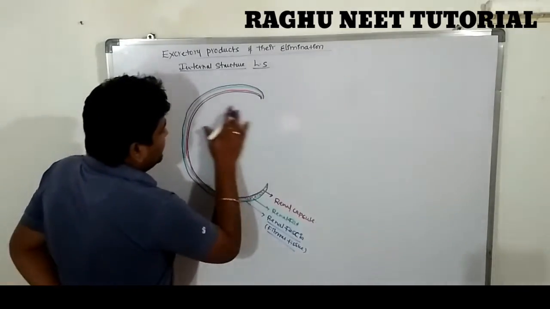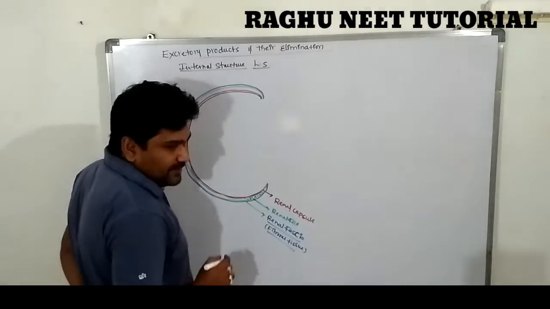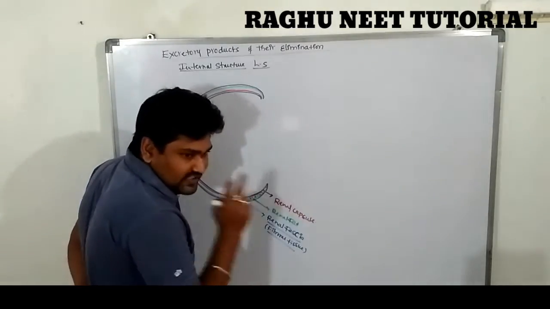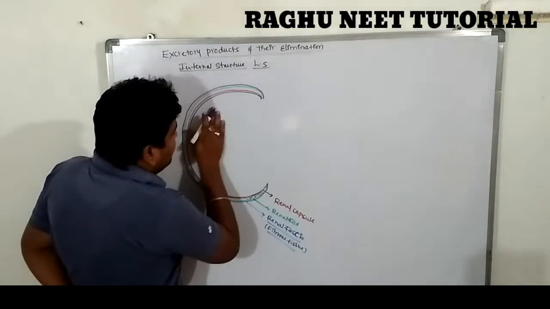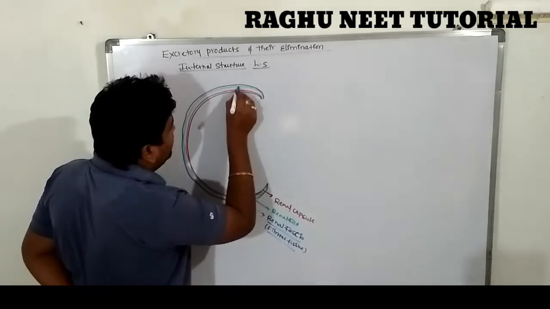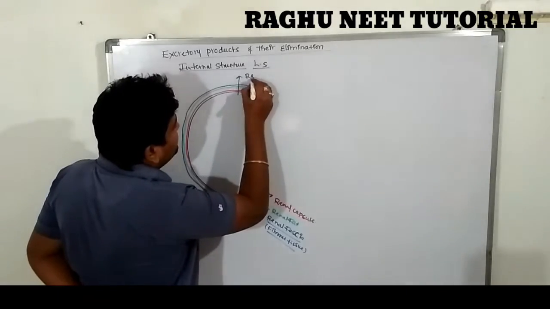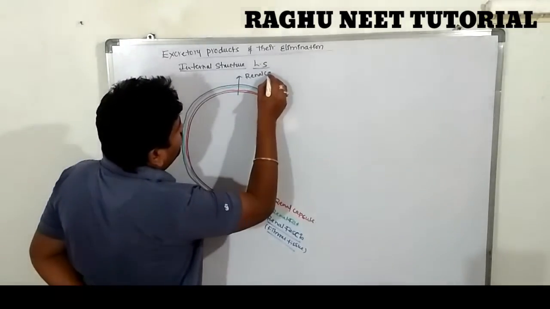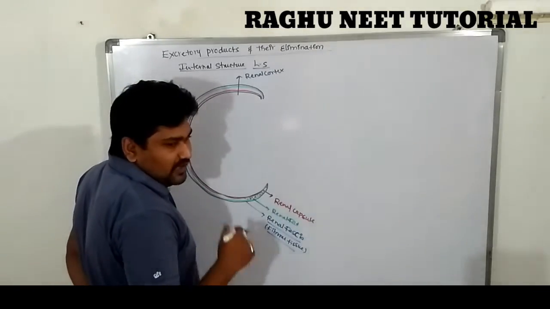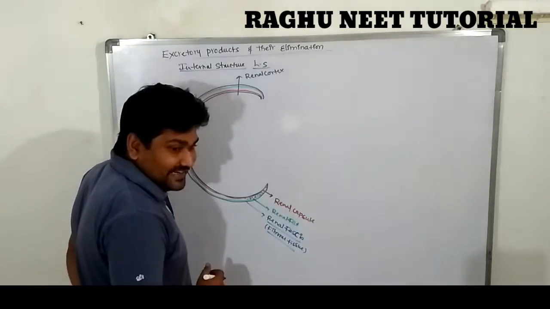So let's discuss the internal structure of the kidney. The kidney consists of two zones. How many zones? Two zones are there. The outer zone, the outer surface of the kidney, is known as the renal cortex.